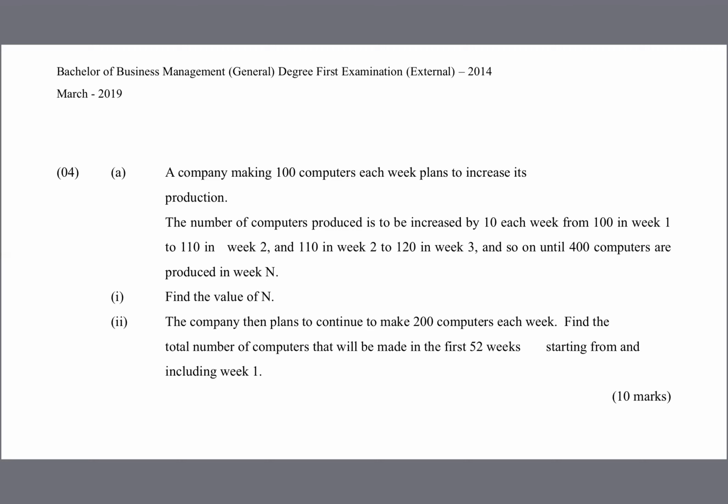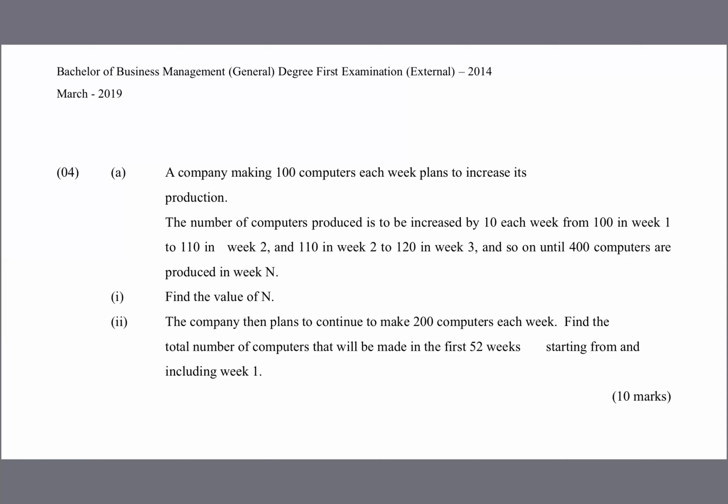Here is how it increases. First week 110, because we start with 100 and add 10. In the second week we need to add another 10 to the first week amount, that means 110 plus 10, which is 120 for the second week.